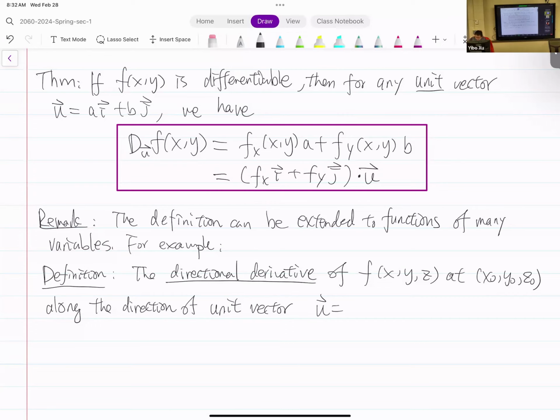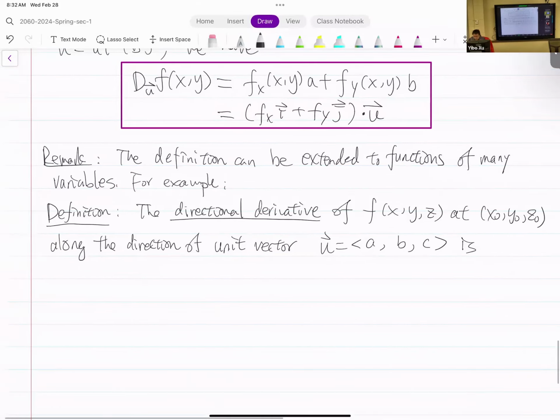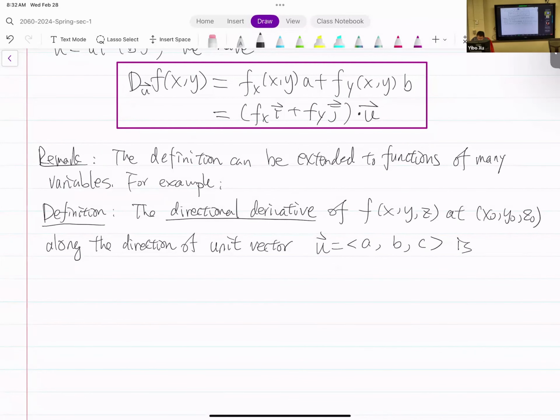And then for unit vector, it has to have 3 components. Let's say a, b, c. So if I want to define the directional derivative here, then it's going to be the same definition as the limit of the instant temperature change. Right?